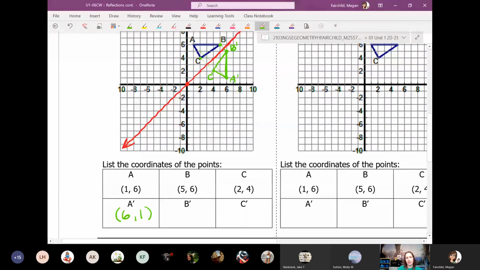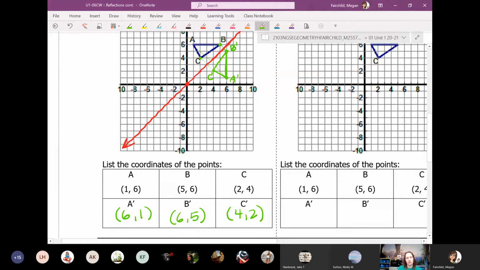Interesting. B is at 5,6. B prime is at 6,5. And C is at 2,4, and C prime is at 4,2.